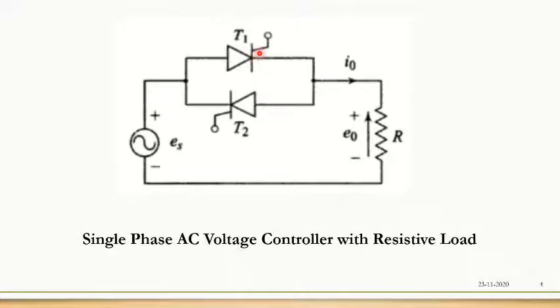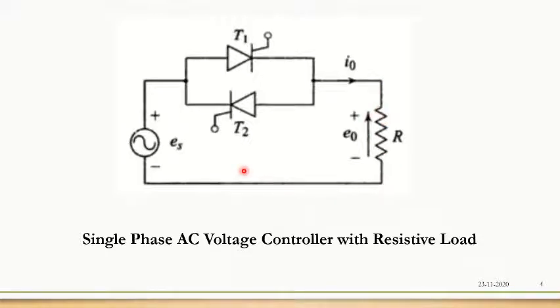When T1 is conducting, the input appears at the load. There will be a voltage similar to the input observed at the load, and the same goes for the current: the source current will be visible at the load.